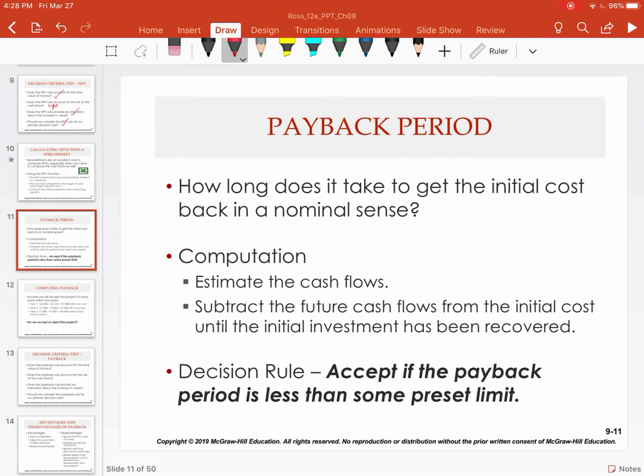It's just a period, right? That's what we're talking about. So if we are considering a payback period, we should just be looking for a number, basically years or months. So going through that process, we're going to be estimating the cash flows.